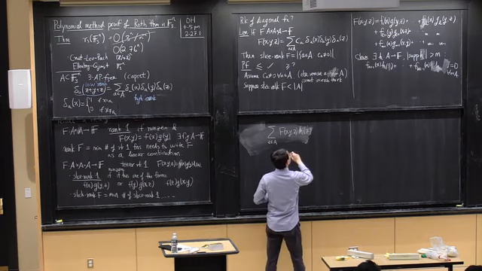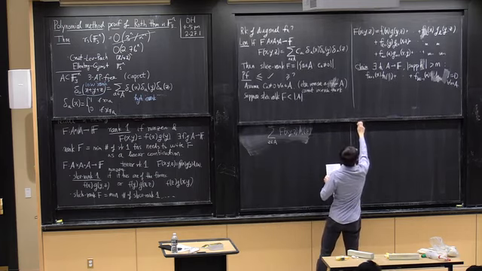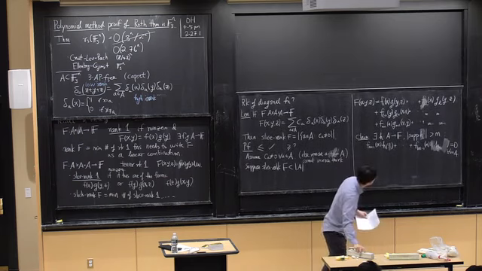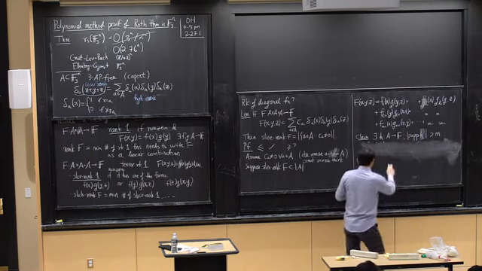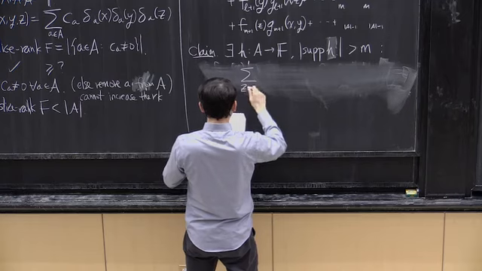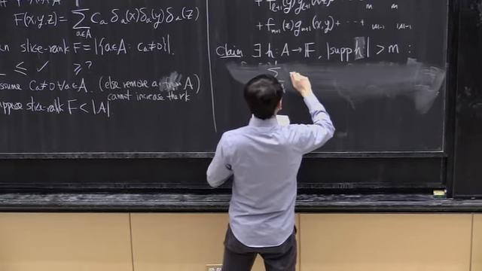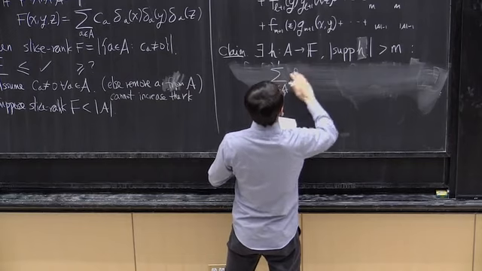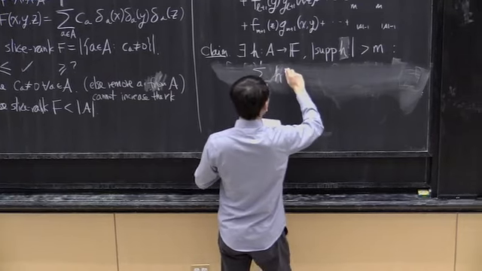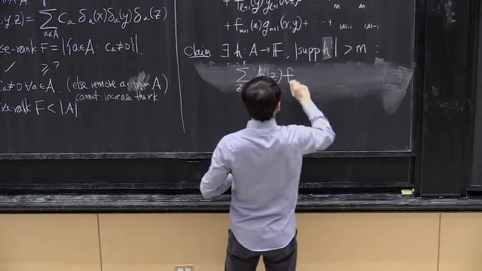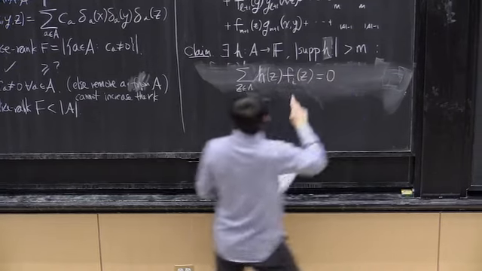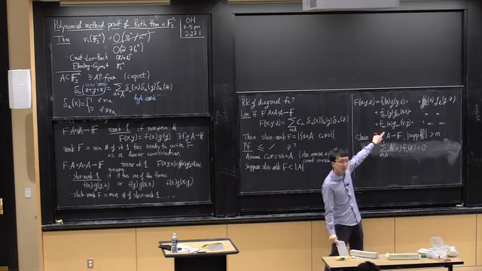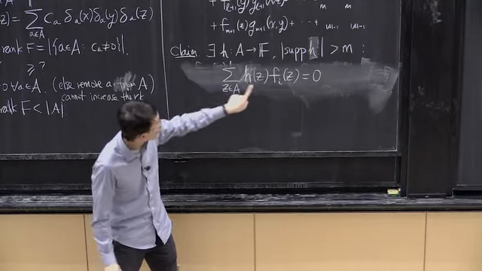Okay, so what I want to say is, if I look at the inner product of h with one of these f's, take one of these f's and look at the bilinear form relating h and f.